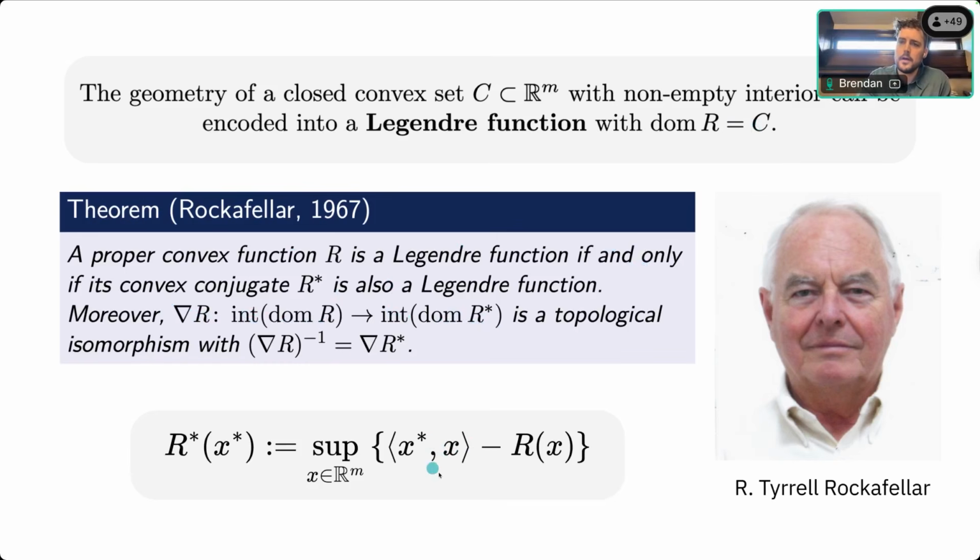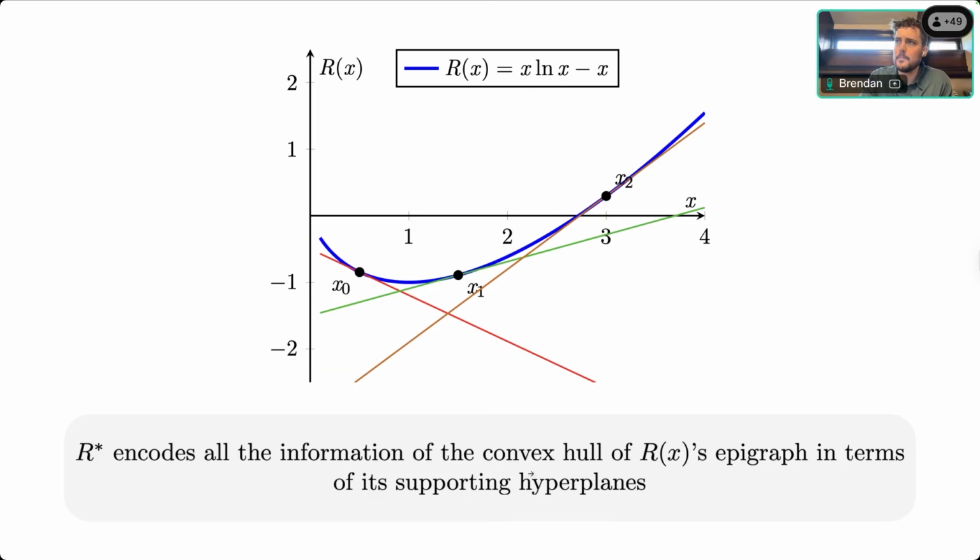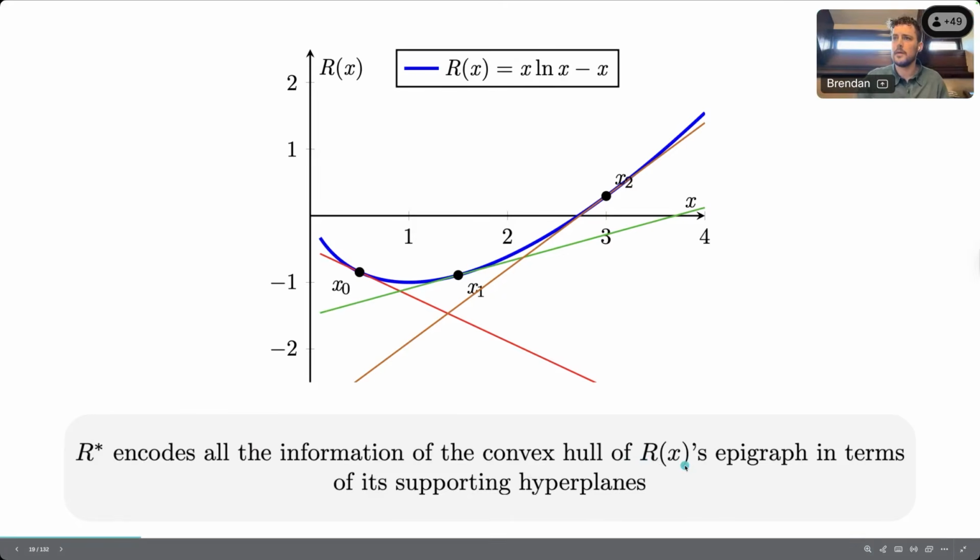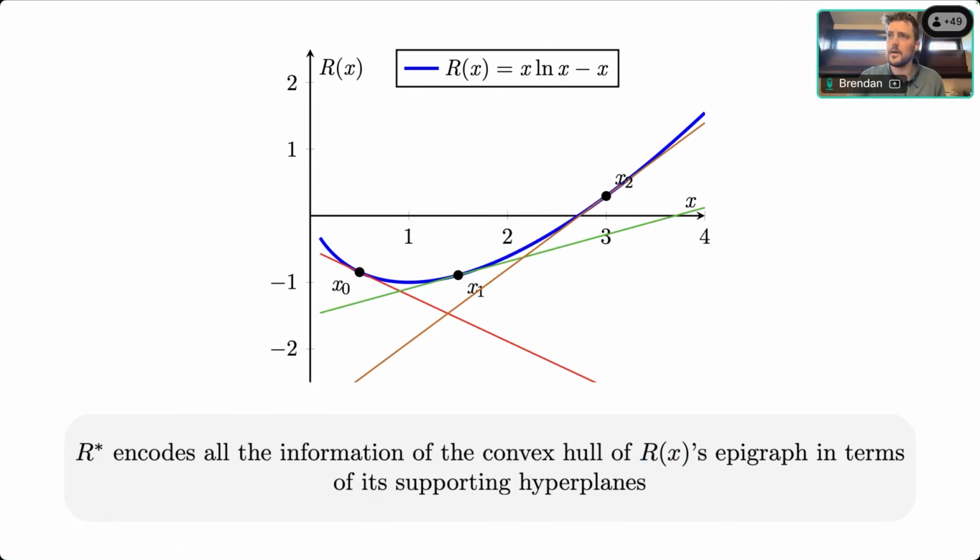The conjugate function is given by the Fenchel-Legendre or Fenchel-Rockafellar transform. The transform is basically encoding all the information in the convex hull of your function's epigraph, rewriting the function in terms of its supporting hyperplanes.